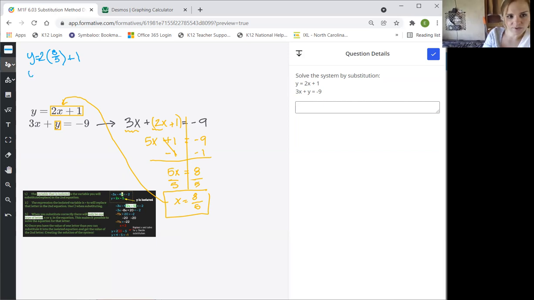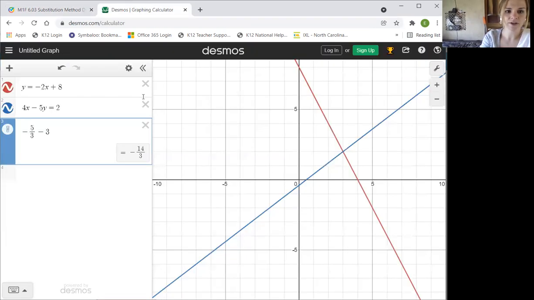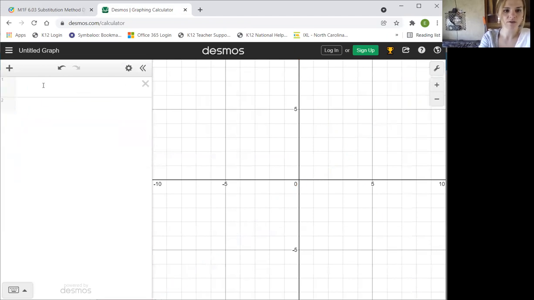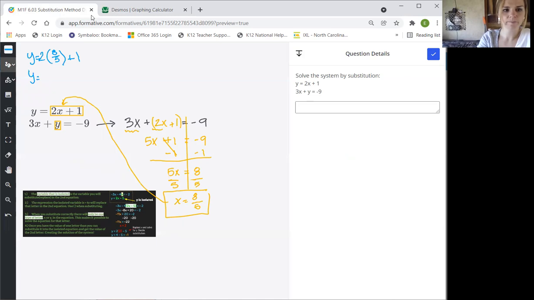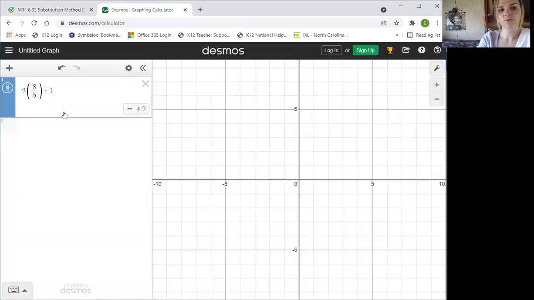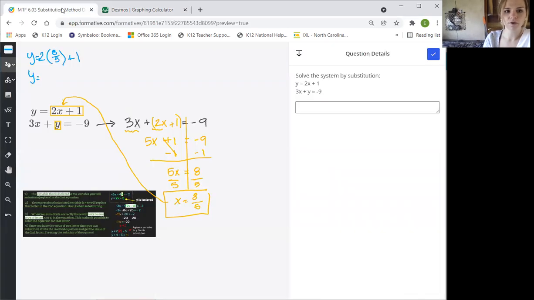You don't have to do everything by hand here. If I use Desmos, 2 times 8/5, parenthesis. So you have to go over and then put your parenthesis. I believe it was plus 1. Yep. Okay, which gives us 4.2, or you can put it in a fraction form, and that is 21/5.